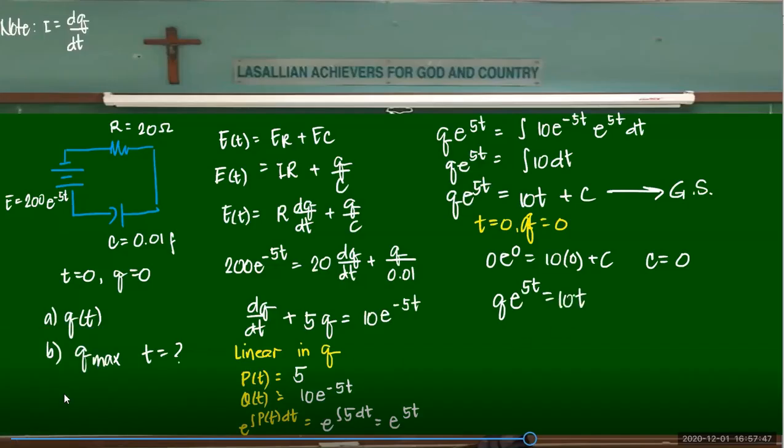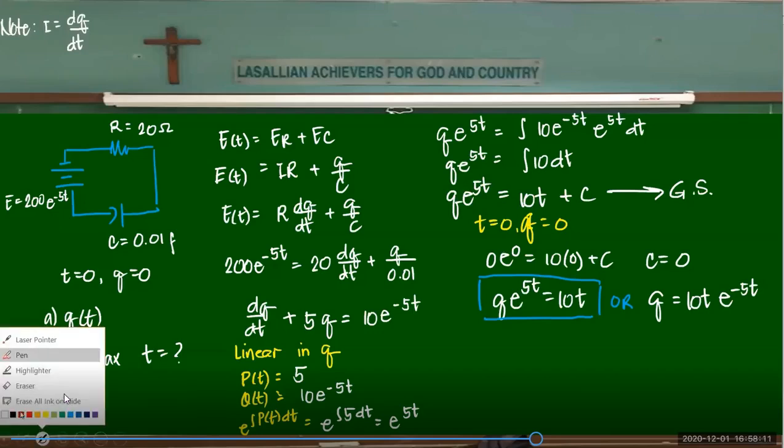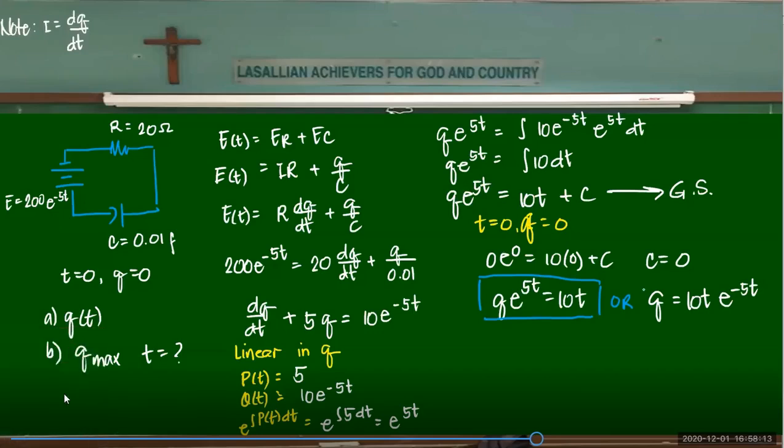Okay, so that means this is your q as a function of time, or you can isolate it. You can make it 10t e to the negative 5t. Okay.